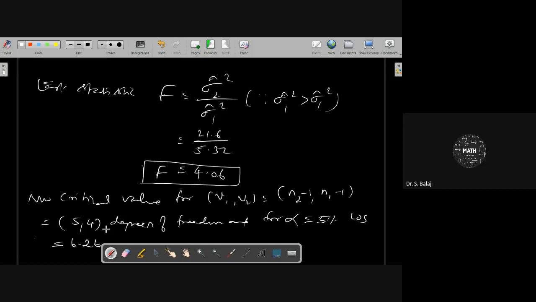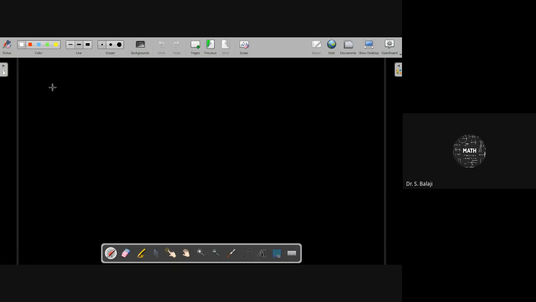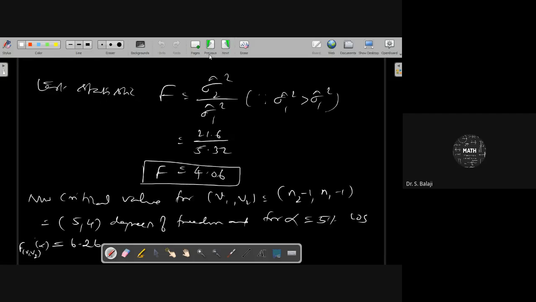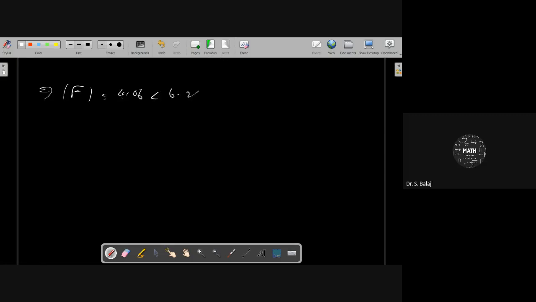Now the F value, that is equal to F V1 V2 of alpha, which is 6.26. Next line implies the F value, that is 4.06, is less than 6.26. That is equal to F V1 V2 of alpha. Since the calculated value of F is less than the table value of F V1 V2 of alpha, accept H0.